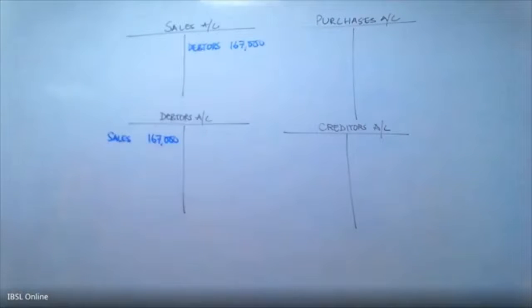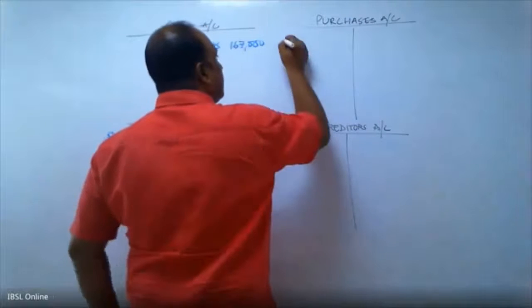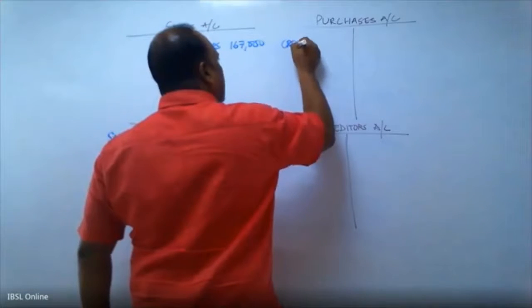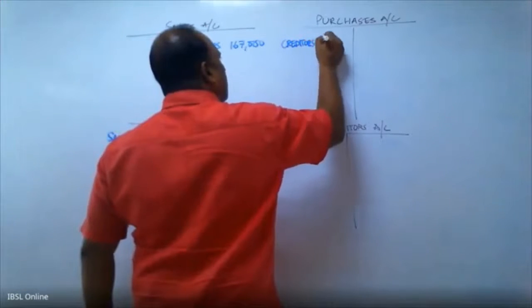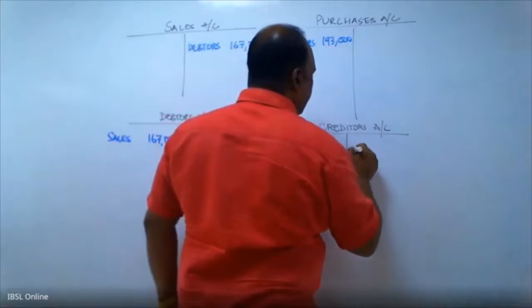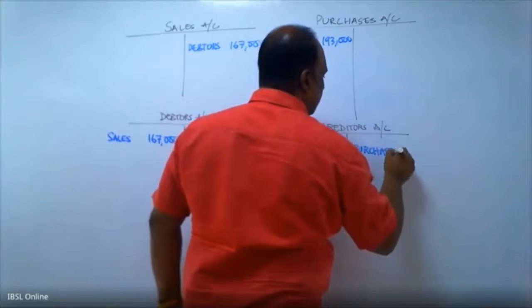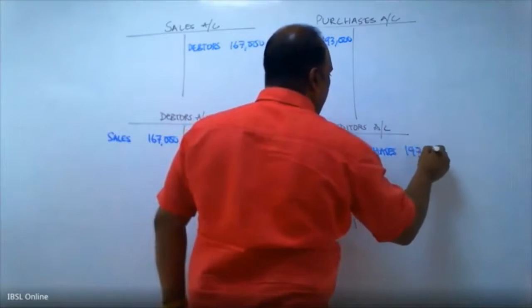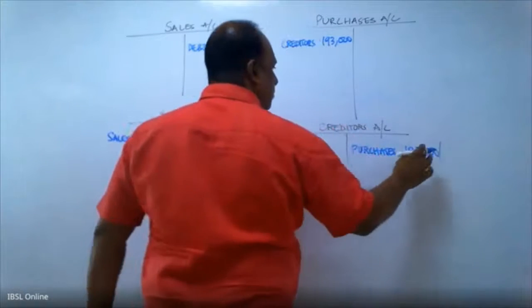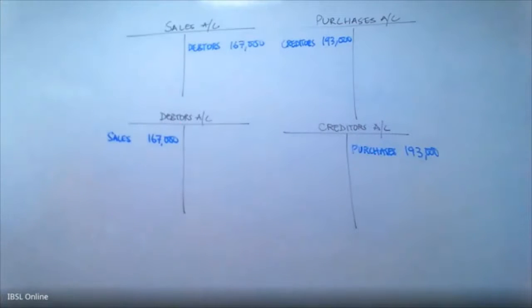Then for purchases, I debit purchases account for 193,000 and credit creditors 193,000. This is how you record in T accounts. You have to remember how you record it. Right?